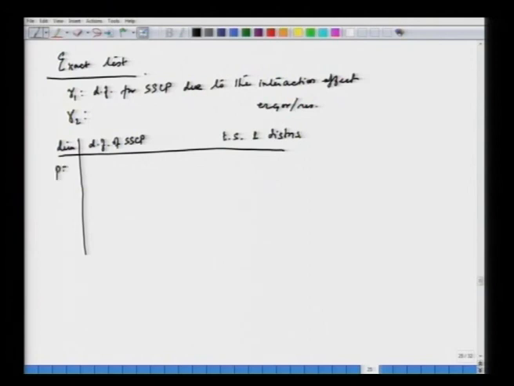This is p equals 1, p equals 2, greater than equal to 1 and greater than equal to 1 also. So, the situation here is gamma 1 is greater than or equal to 1, gamma 2 can be anything, gamma 1 is greater than equal to 2, gamma 1 is equal to 1 and gamma 2 is equal to 2.